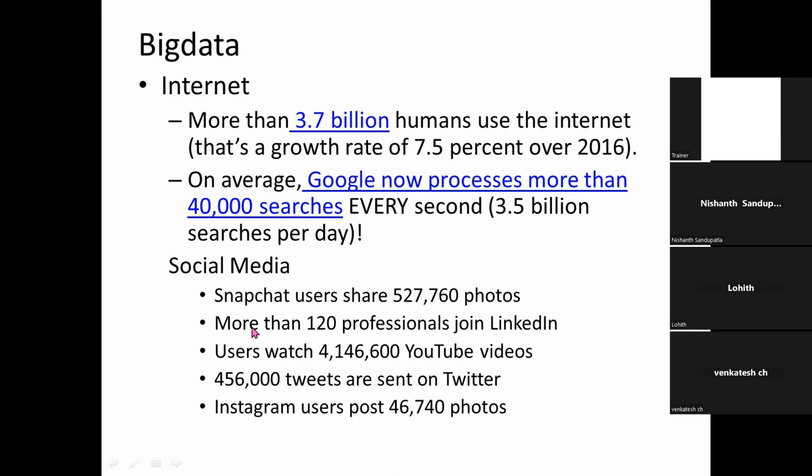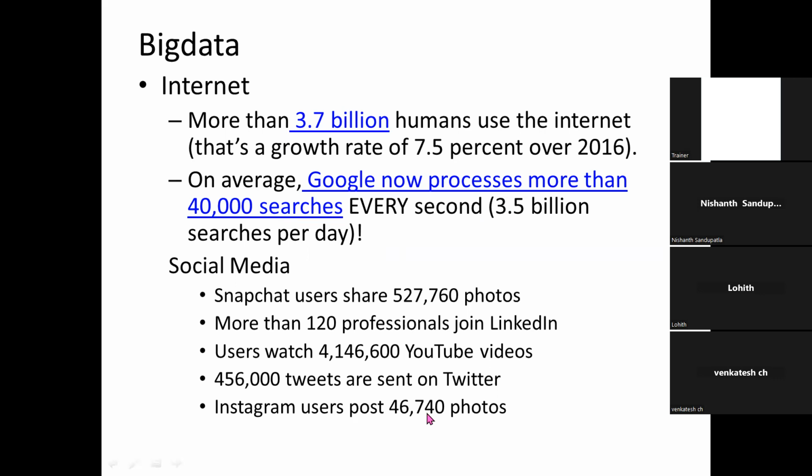Every second Google processes around 40,000 searches, which is 3.5 billion searches per day. So the speed of change is very high.